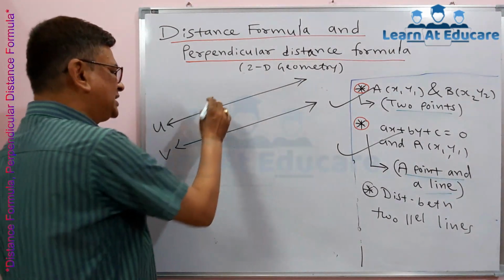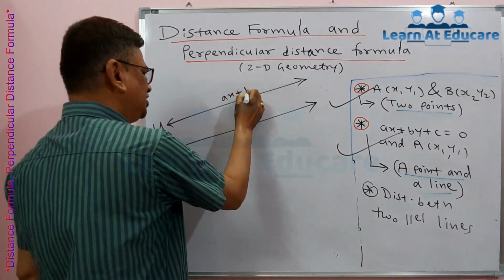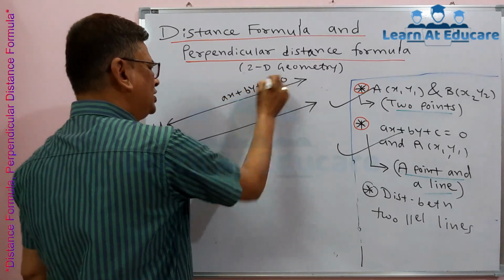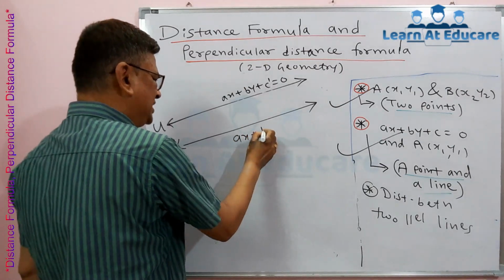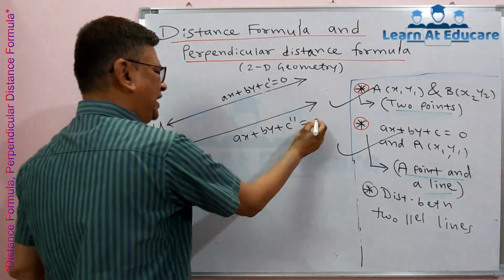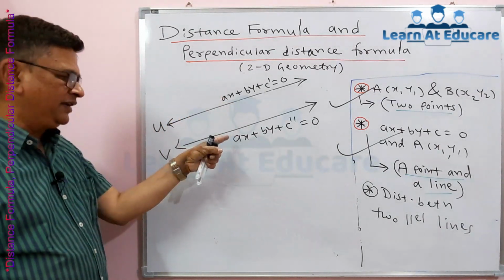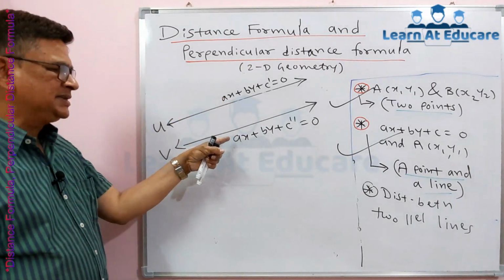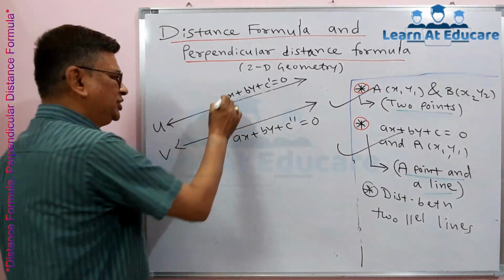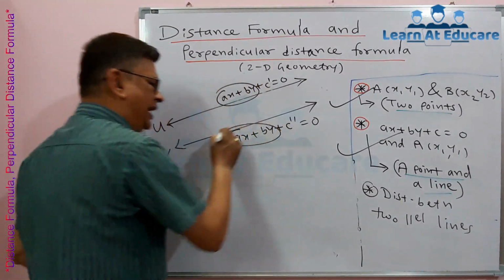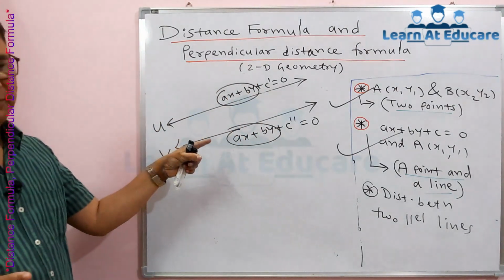Similarly, if two lines are parallel, then in their equations only the constant term can be different. For example, one line has the equation ax plus by plus c' equal to 0, and the other line ax plus by plus c'' equal to 0. Can you observe that the coefficients of x and y, a and b, are the same?